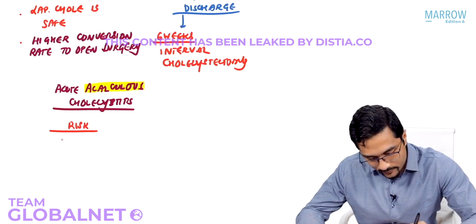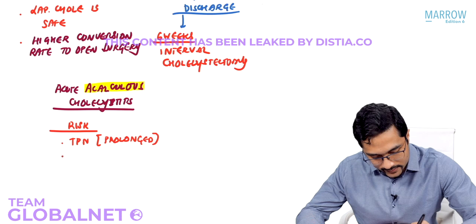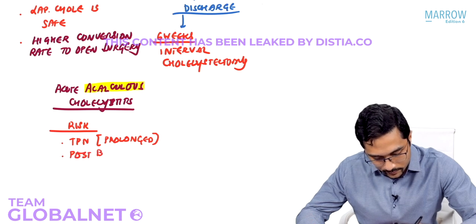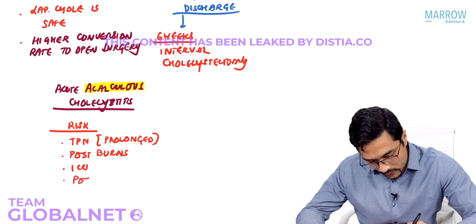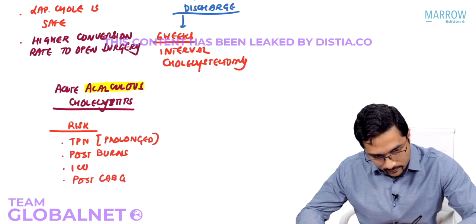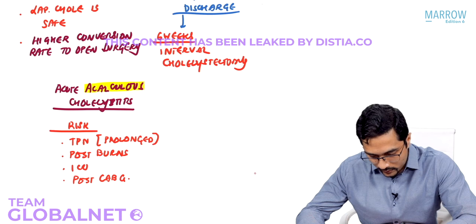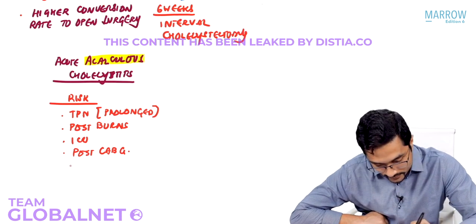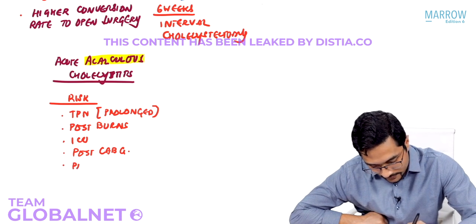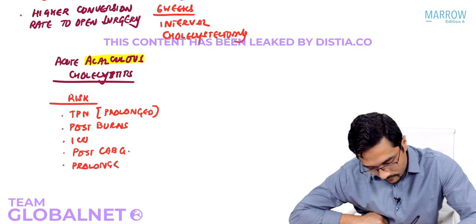This can be seen in patients receiving prolonged TPN, because in prolonged TPN, there can be cholestasis. We've discussed this. This can be post-burns. It can be seen in ICU patients. Post-coronary artery bypass grafting, post-CABG patients can also develop acute acalculous cholecystitis. It can also be seen if there is prolonged fasting.